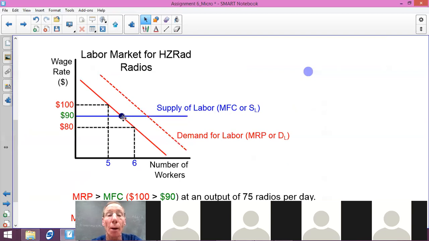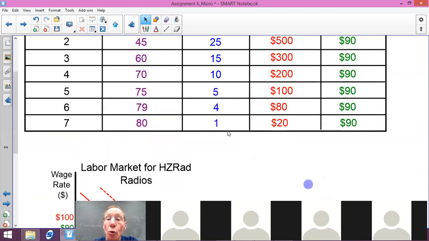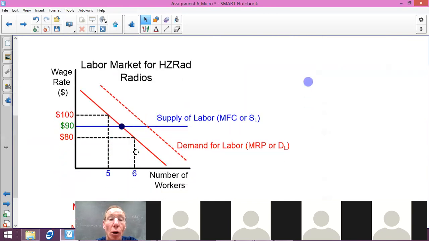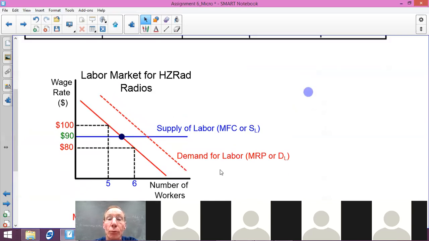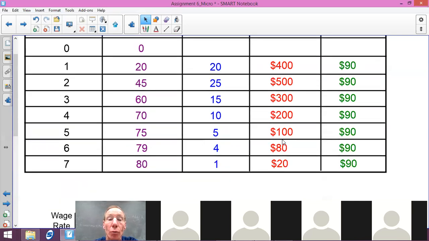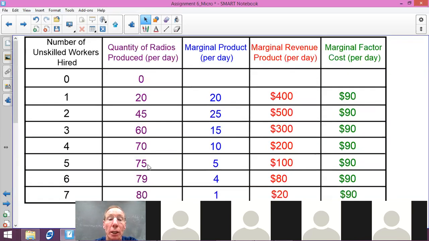And the way these numbers are, that point is somewhere in between 5 and 6 workers, okay? So 5 workers has a marginal revenue product of 100, right? Right up here, see? And so they're going to produce 75 units.